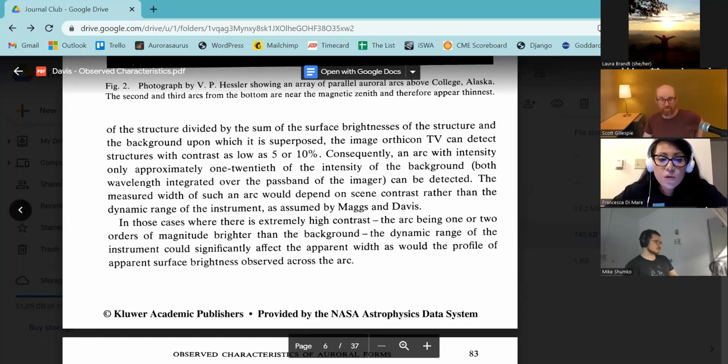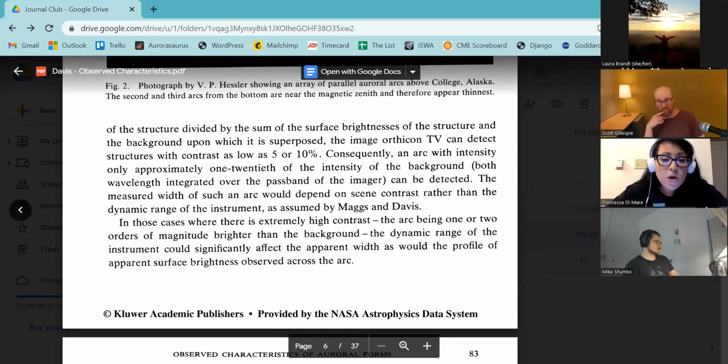Consequently, an arc with intensity only approximately 1/20 of the intensity of the background, both wavelength integrated over the passband of the imager, can be detected. The measured width of such an arc will depend on scene contrast rather than the dynamic range of the instrument, as assumed by Maggs and Davis.